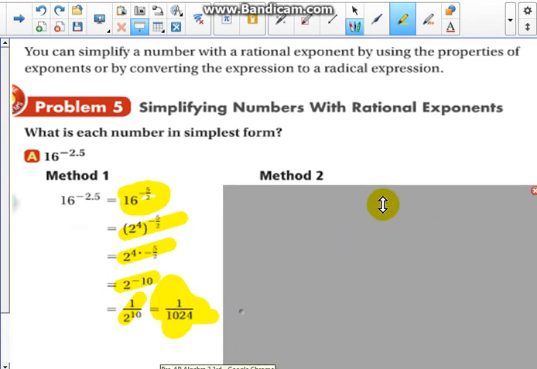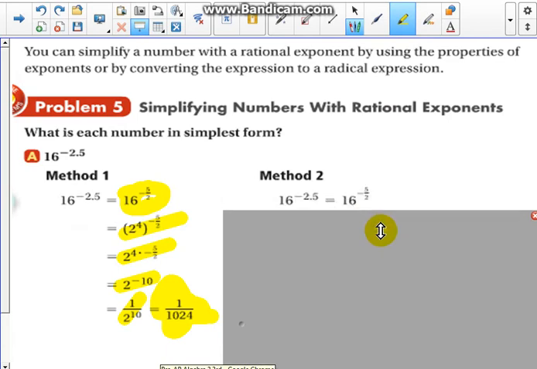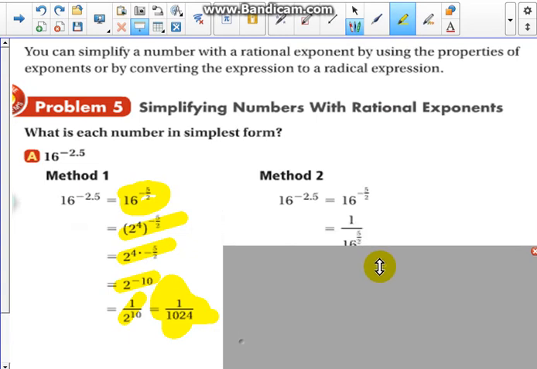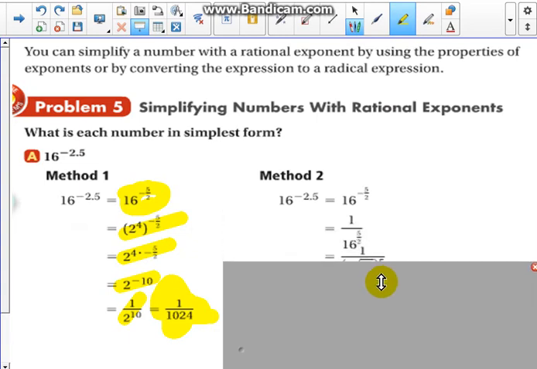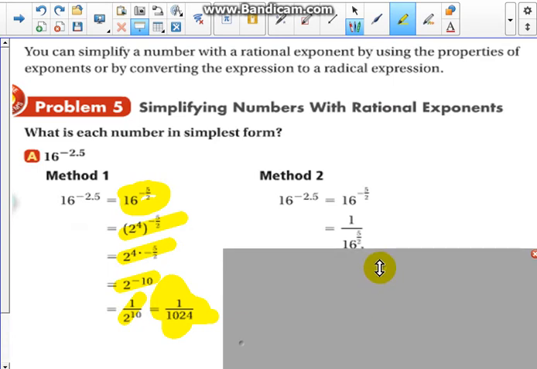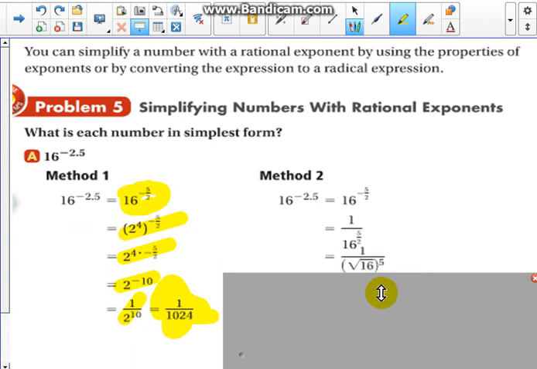Now let's look at method 2. Method 2, we've got the same thing. We're starting out with 16 to the negative 5/2. And now they're going to take that as a negative exponent. So 1 over 16 to the positive 5/2. And then they rewrite that as 1 over radical 16 to the 5th power.